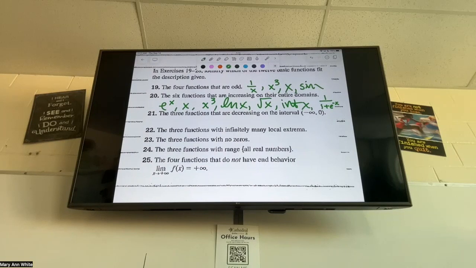Okay, name 3 functions that are decreasing on the interval negative infinity to 0. What is decreasing on the left side of the, what'd you say? Absolute value? Which one? I don't think cubic. Cubic's increasing.